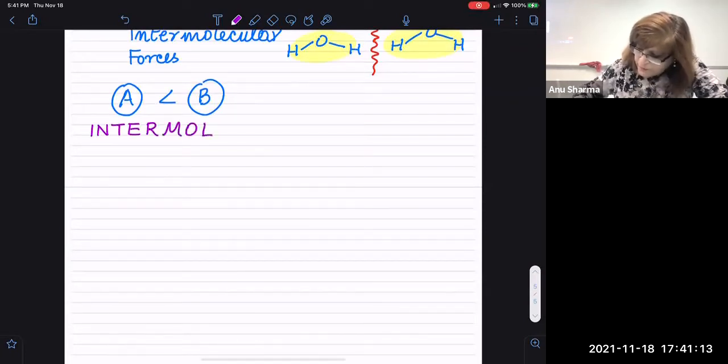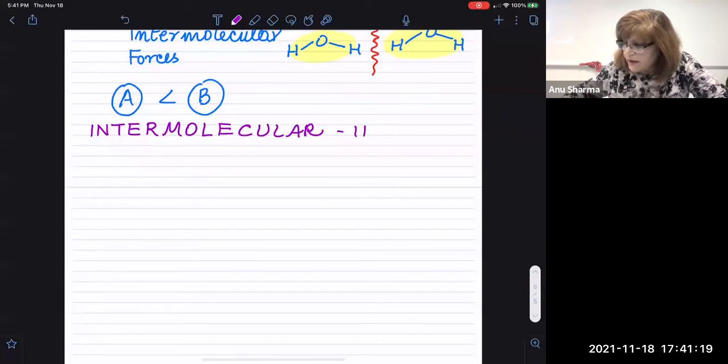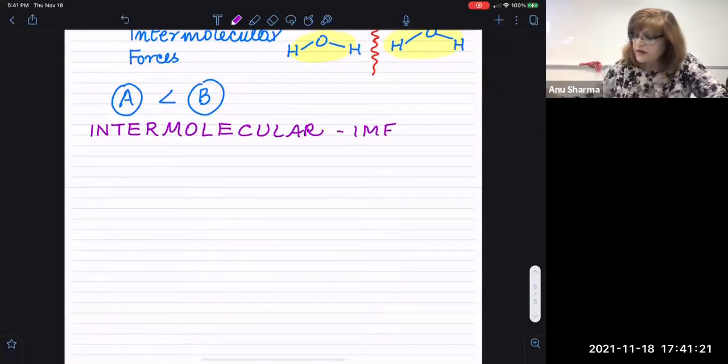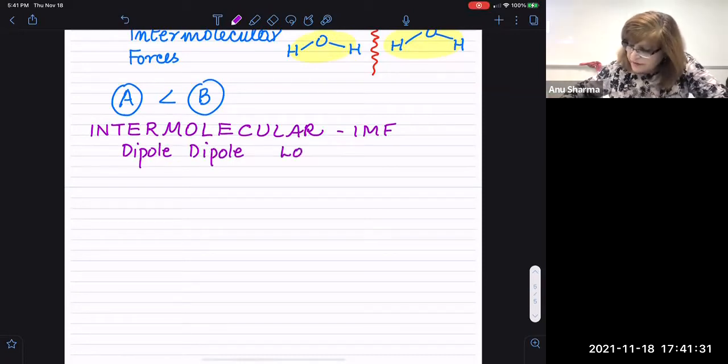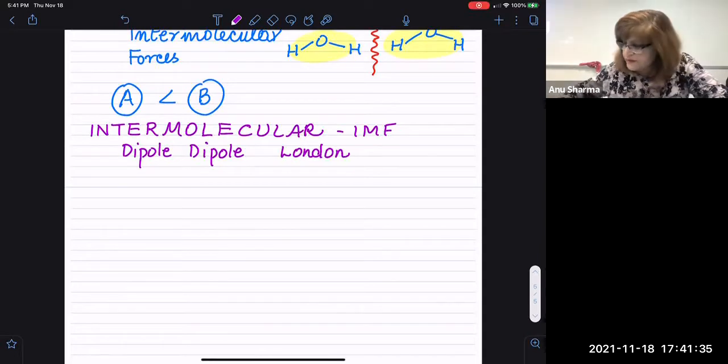Intermolecular forces, IMF. Okay, 3 types. One is dipole. Next is London dispersion. Your book is just talking about dispersion, but really this is London dispersion, also called van der Waals.